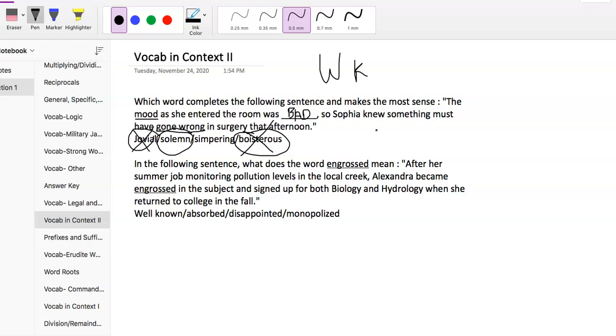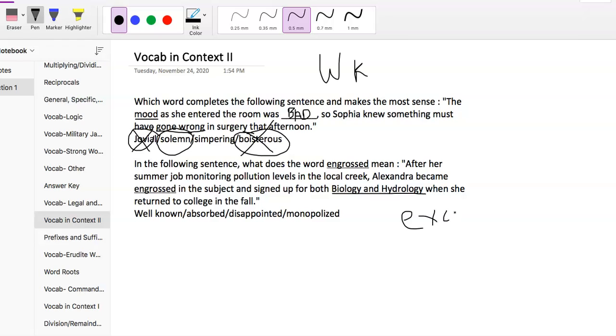So she became engrossed in the subject. Let's say we don't know what engrossed means, and then she signed up for both biology and hydrology. So she was pretty excited about it. That's what we'd be thinking.